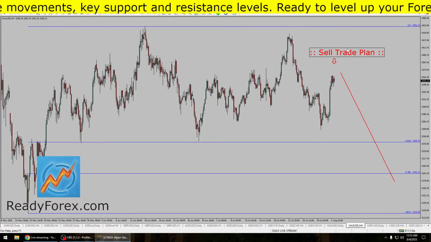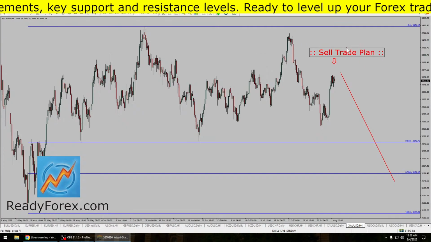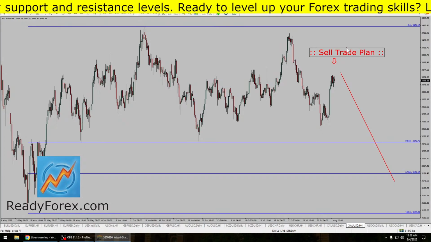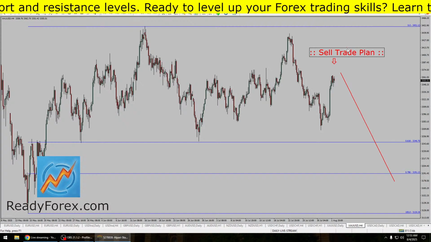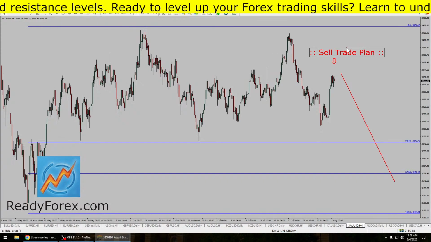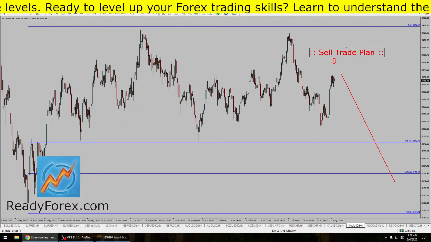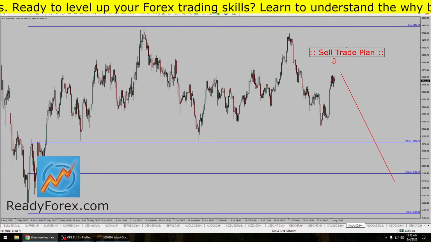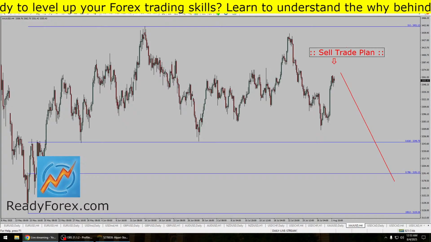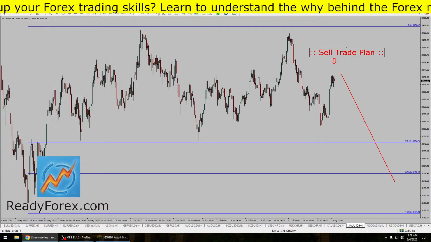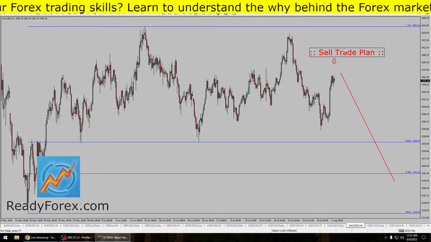Whatever trading criteria you use to enter into the market, if the market isn't going to fulfill your trading criteria, no trade, wait outside. Okay, so only, let me write it down, only sell trade. No buy trade plan over here, only sell trade plan.